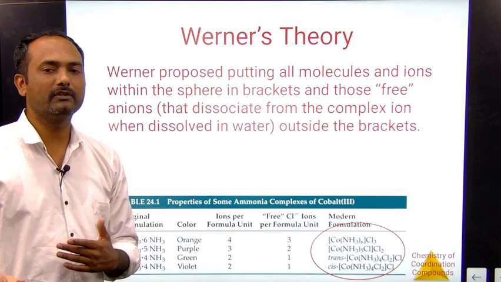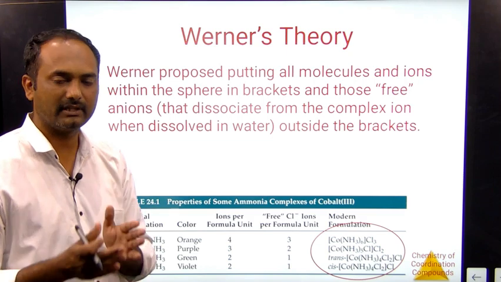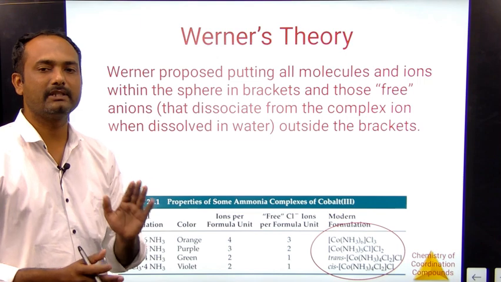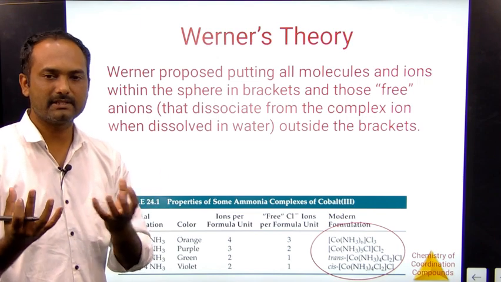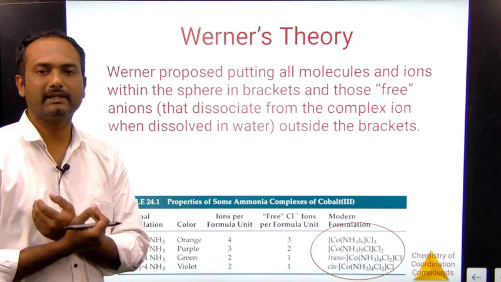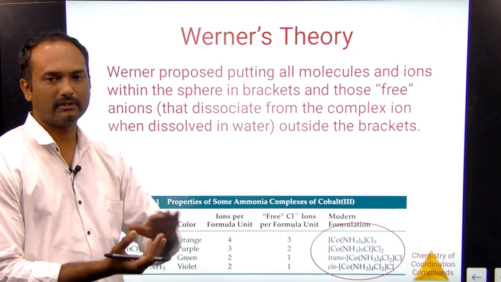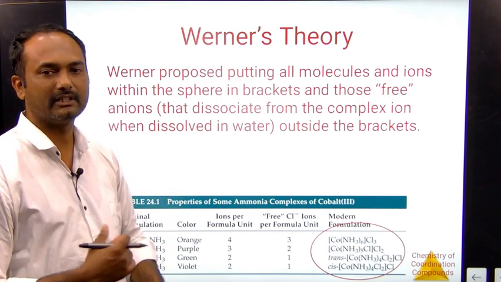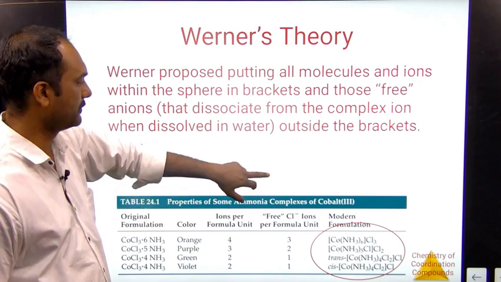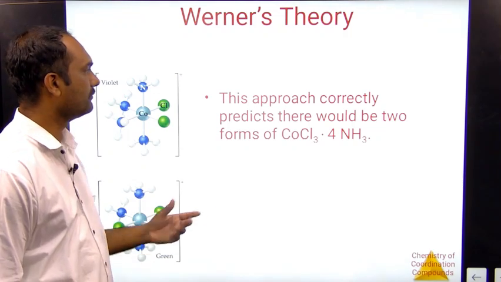On the other hand, the primary valency, which is outside the square bracket, will get dissociated from the central metal atom. So primary valency atoms will get detached and secondary valency groups will retain their bonding with the central metal atom. This is a basic and important difference between primary valency and secondary valency.